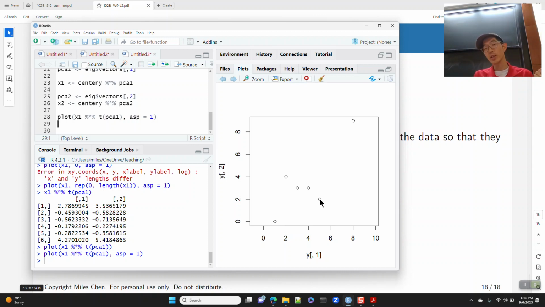So maybe 700 math, 500 verbal. Over here would be the opposite, high verbal, lower math. So 500 math, 700 verbal. So 700 math, 500 verbal, 500 math, 700 verbal, or something like that, okay? We can say, I just want to reduce it down to one dimension.